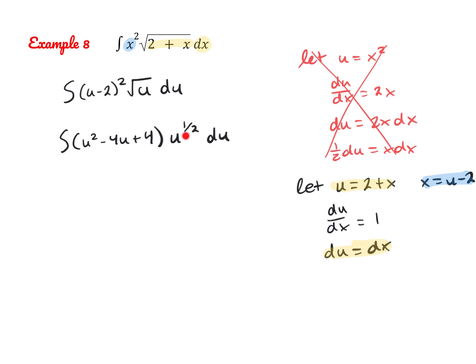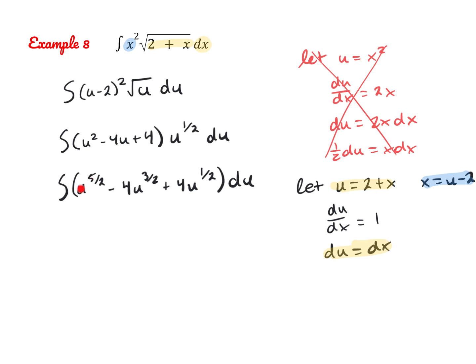And then from here, we can actually distribute this into our trinomial, and then it's much easier to find the antiderivative. So when I do here to here, remember we're adding the exponents. 4/2 plus 1/2 is 5/2, minus 4u to the power of 3/2, plus 4u to the 1/2 du.